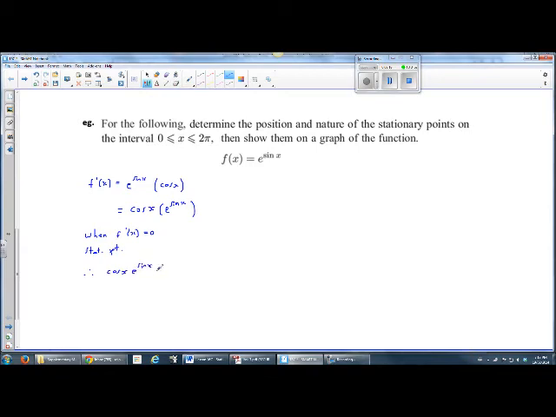So either cosine x as one factor equals 0, or e to the sine x will equal 0.